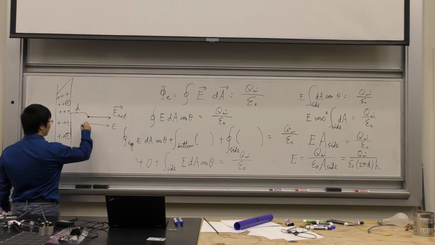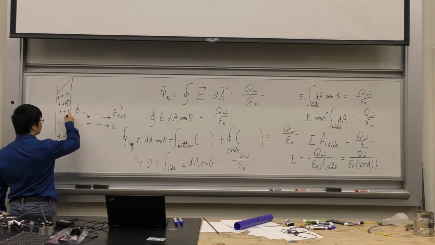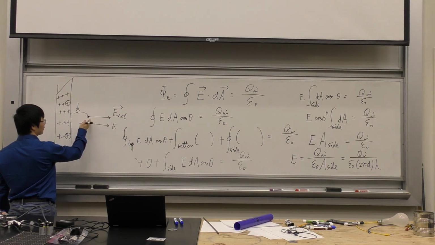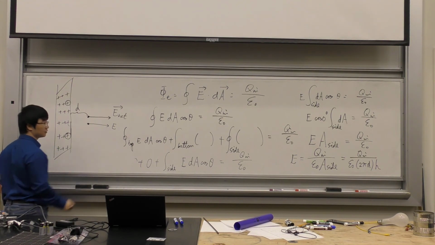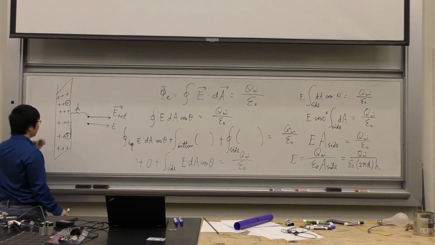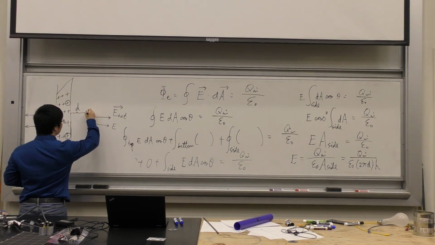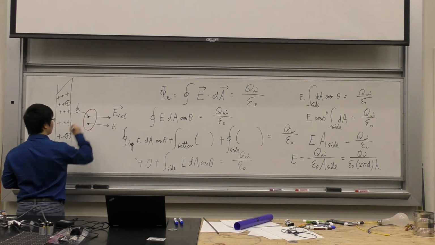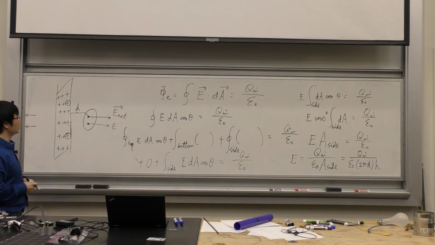So as I said, if this point has the same distance from this, they will have the same magnitude, right? And this point and this point, what's the difference between them? There's no difference between them, right? So if I do that, I can draw a circle. It doesn't have to be a circle.